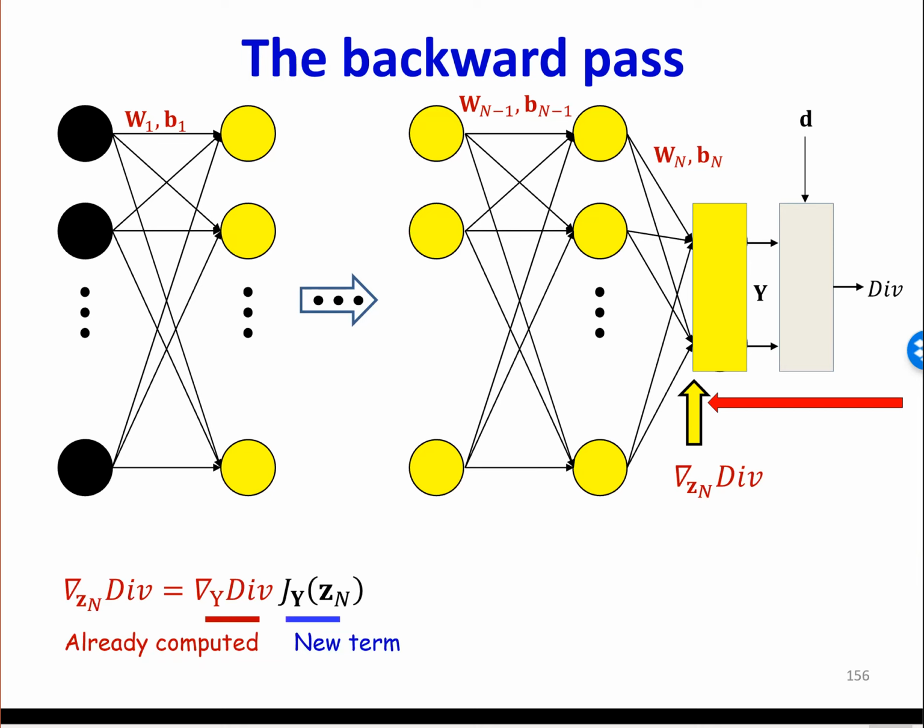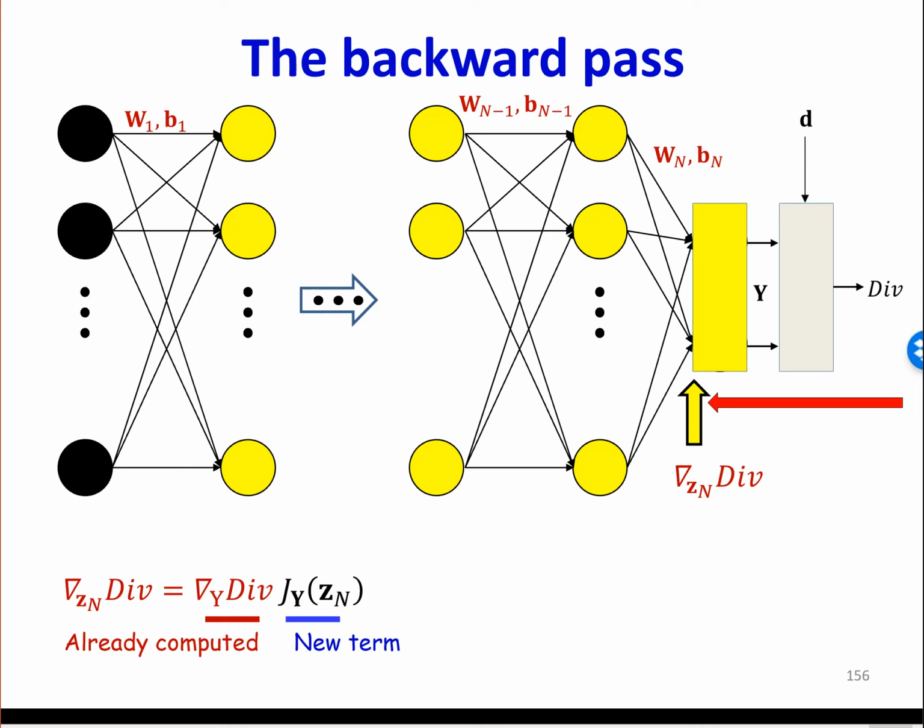The activation got a vector input and a vector output, so it's the Jacobian of the activation. If you're with me, just give me a thumbs up or raise your hands. Okay, 11. I'd like to see more than a dozen. We have 35 people here.